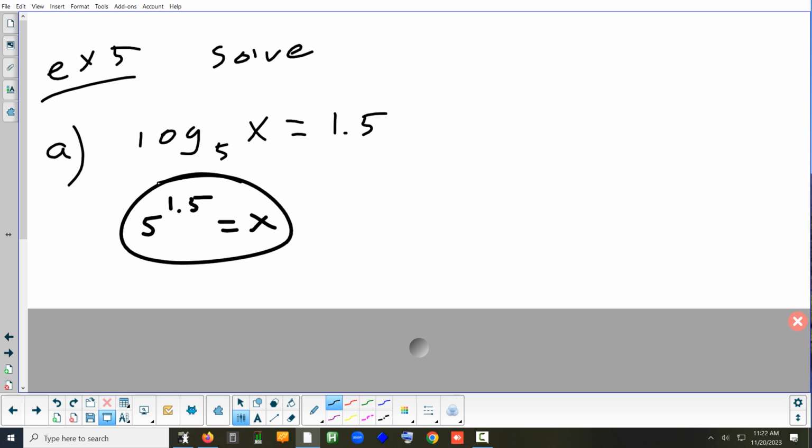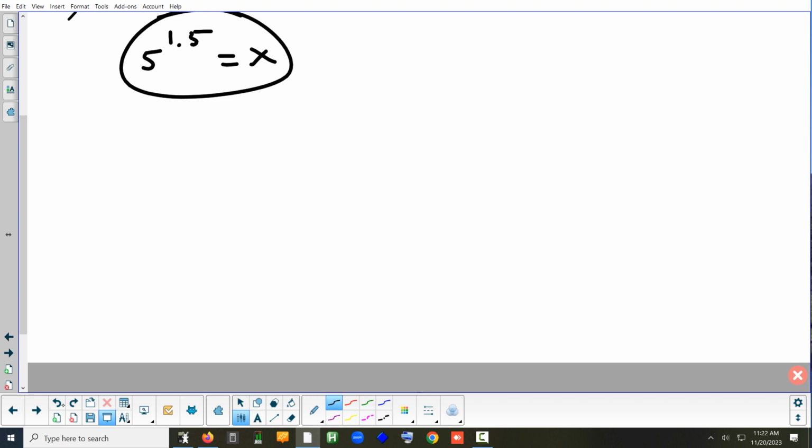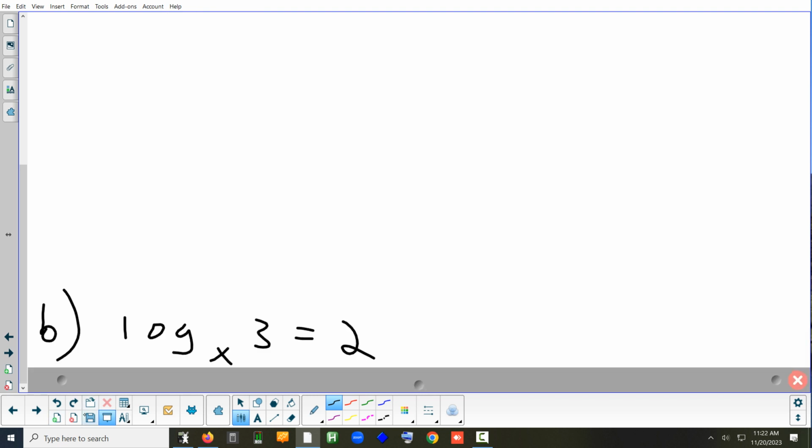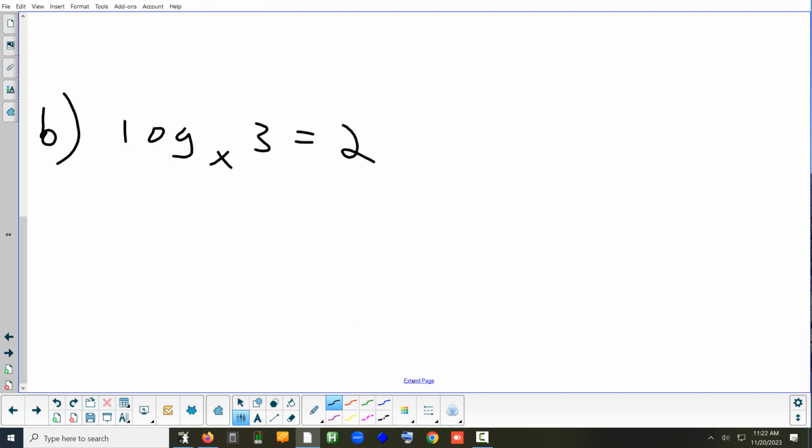Okay, so the variable was in the argument. Let's try one where the variable is in the base. Gabby, what would that one look like if we rewrite it in exponential form?